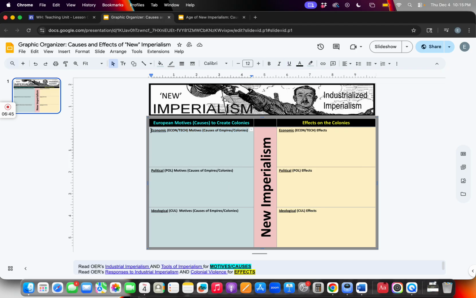For example, 3 ideas of 3 economic causes of new imperialism, 3 things related to the economy that the articles mention that influence imperial nations to engage in imperial actions. And for effects, the same thing. 3 economic effects that occurred because of these actions.